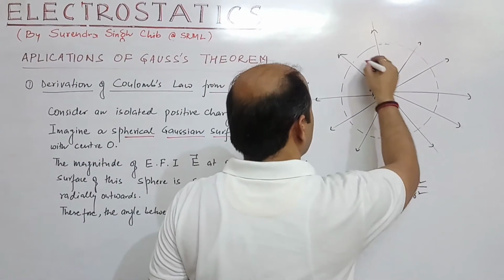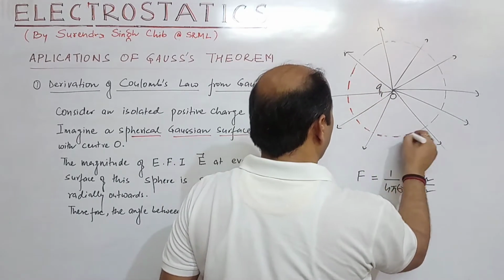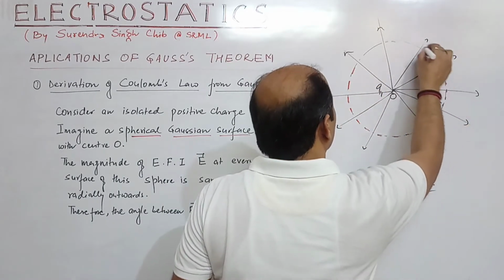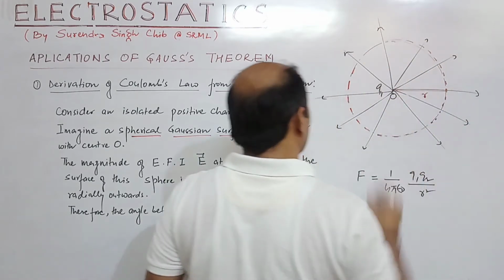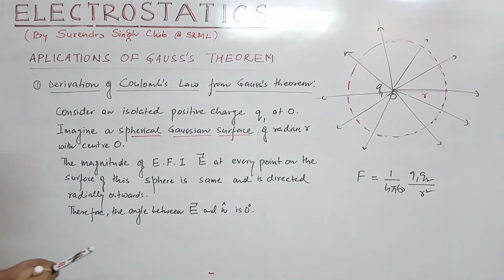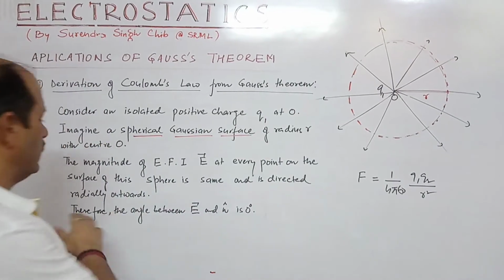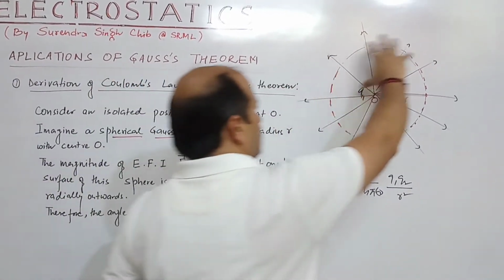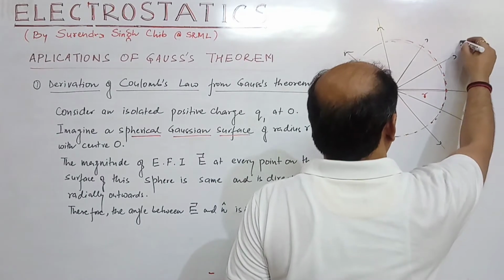So let us consider this is a Gaussian surface of radius r. So its radius is say r. This is r. The magnitude of electric field intensity at every point on this surface is same and is directed radially outwards. So this is the direction of electric field lines. These are electric field lines.